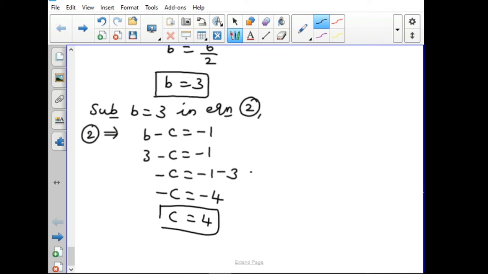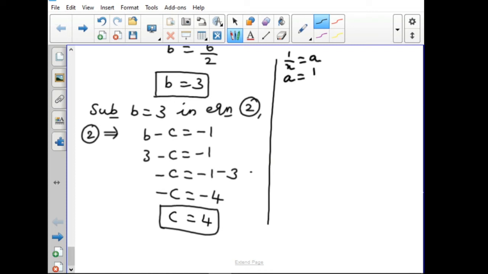Now we have got the a, b, c values, but a, b, c is not our solution. We have to convert a, b, c into the terms of x, y, z. What do we have to assume? Let us assume 1 by x equal to a.